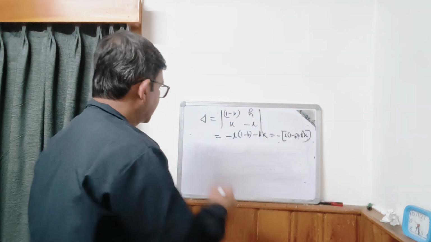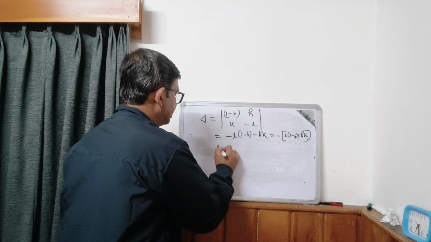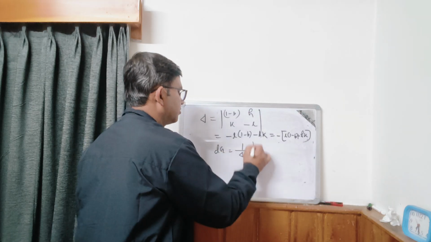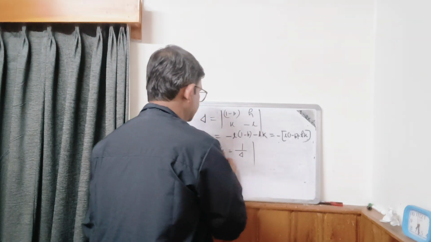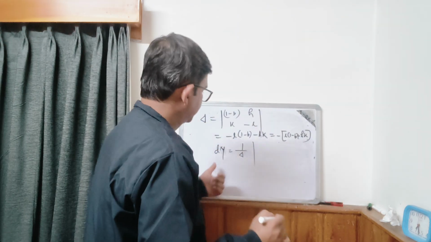So by Cramer's rule, we can write dy equals to 1 divided by delta. Sorry, this is dy. We are solving the value of y.